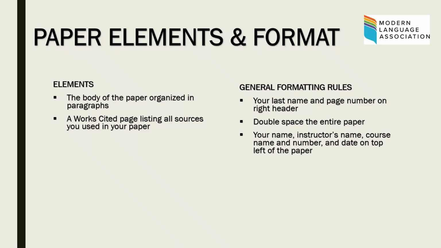In the upper left-hand corner on the first page of your paper, you should create a heading that lists your name, your instructor's name, the course name and number, and the due date for the assignment. Again, be sure to use double-spaced text. And the title of your paper should be placed below the heading, and it should be centered.